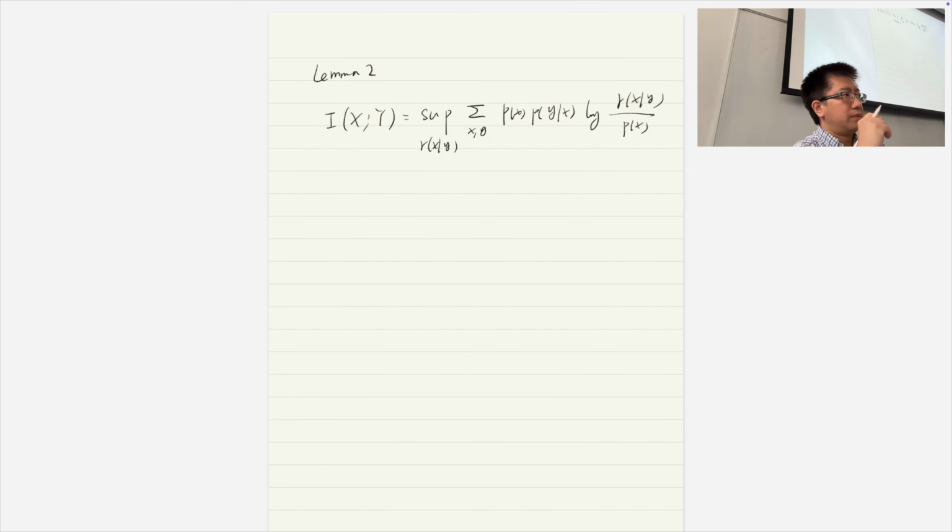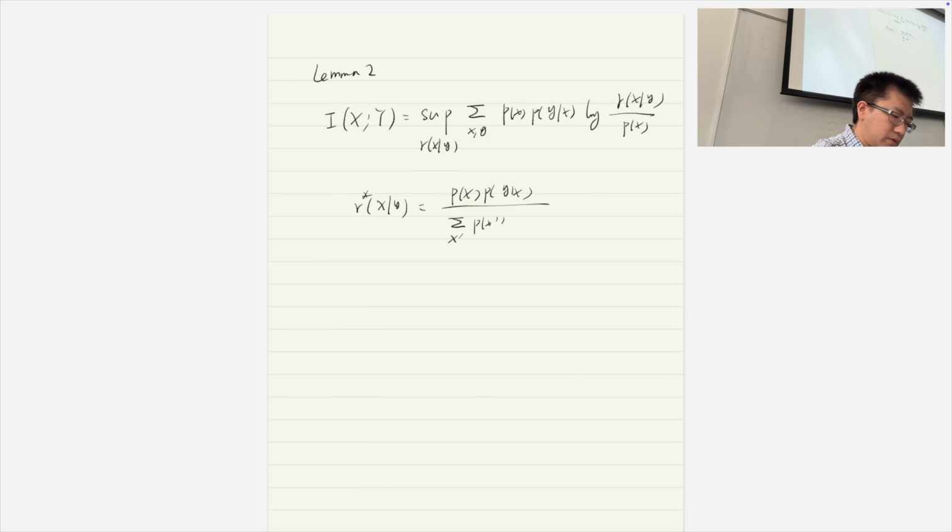That's also a relative entropy, but we can break it down and write it this way. Then clearly, what is the optimal value? You may imagine that it's P_{x|y}, which is P_x P_{y|x} divided by the marginal distribution.